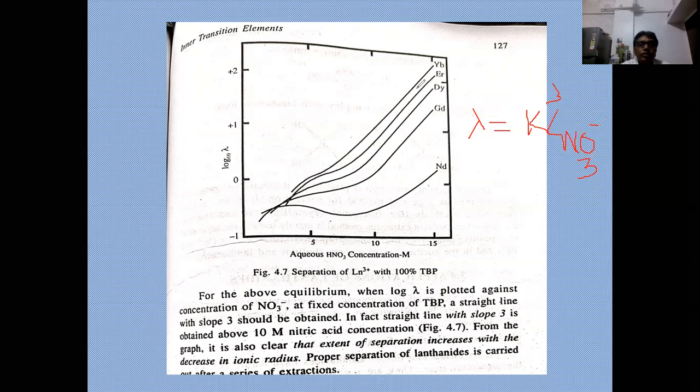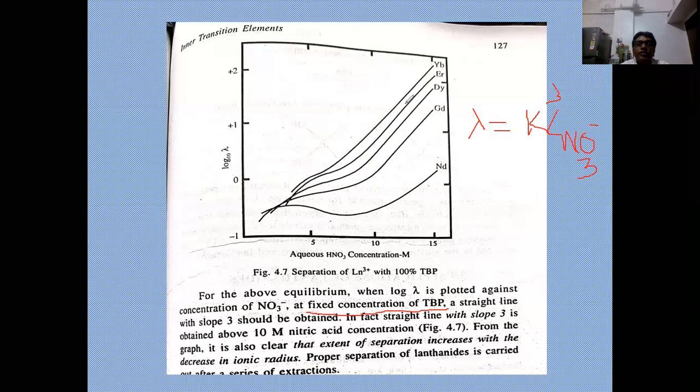For the above equilibrium, when log lambda is plotted against concentration of the nitrate ion, we are increasing the concentration from 5 molar, 10 molar and 15 molar at fixed concentration of TBP. A straight line with slope 3 should be obtained.